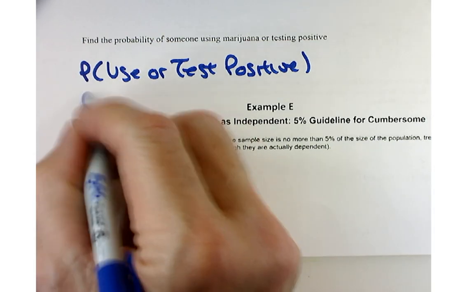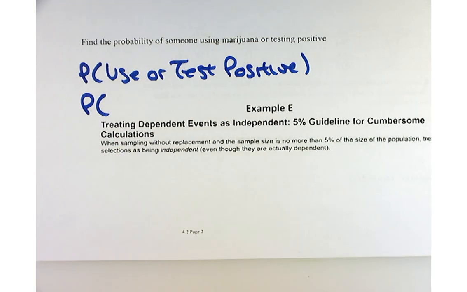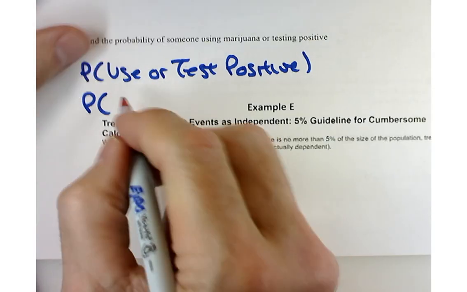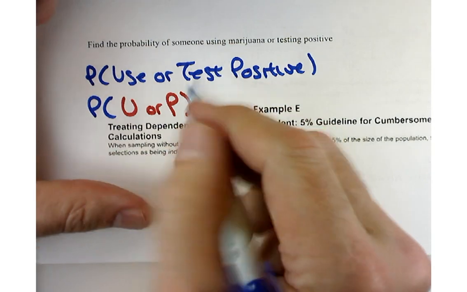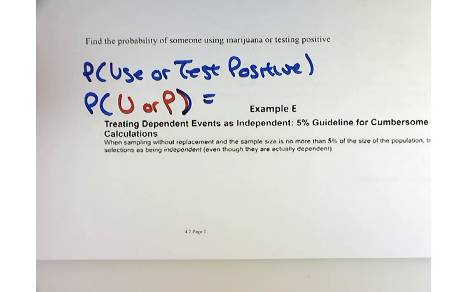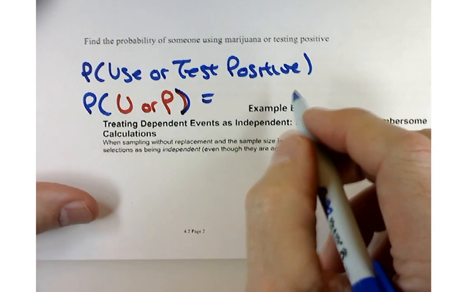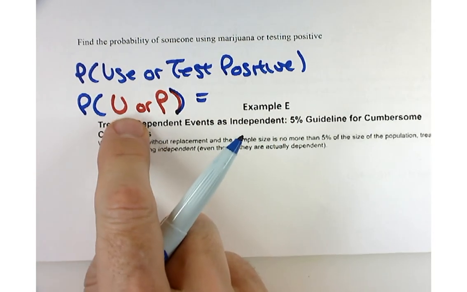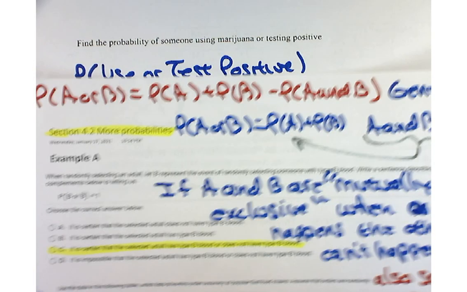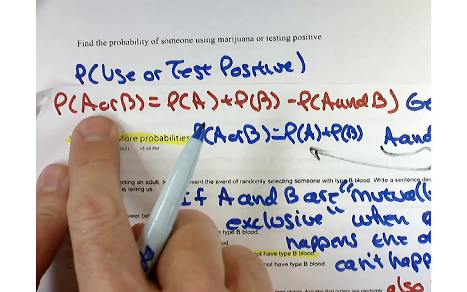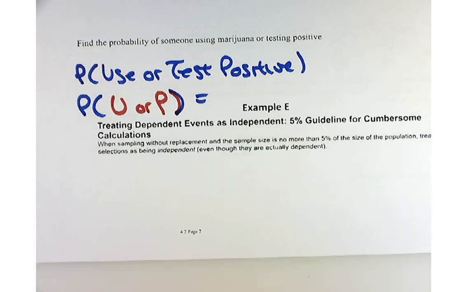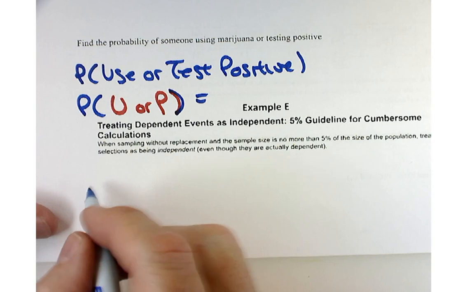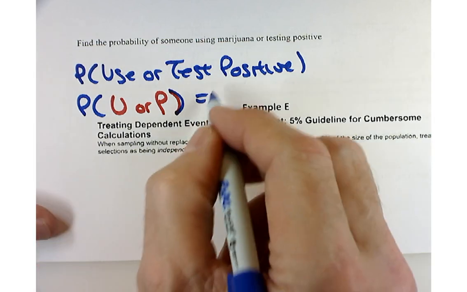So I'll abbreviate that as the probability of U or P. Now, the way that we've looked at things in this class, we're going to have to use our general addition rule. Probability of A or B is the probability of A plus probability of B minus the probability of their intersection. So what would that look like here?